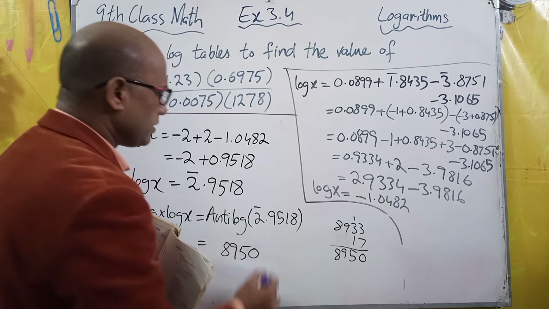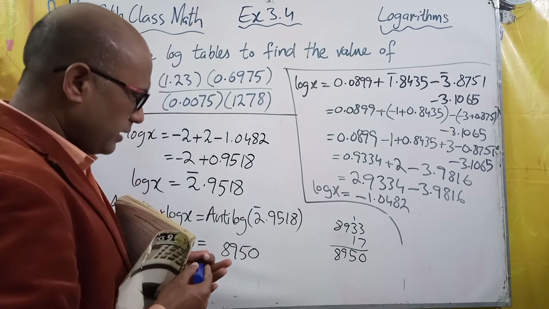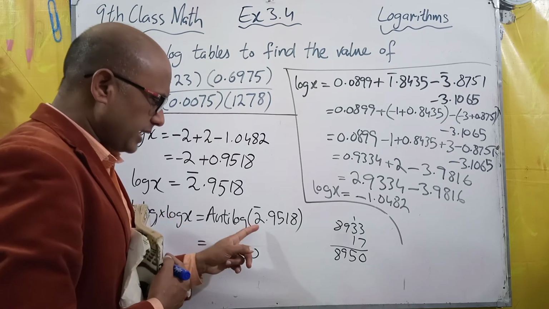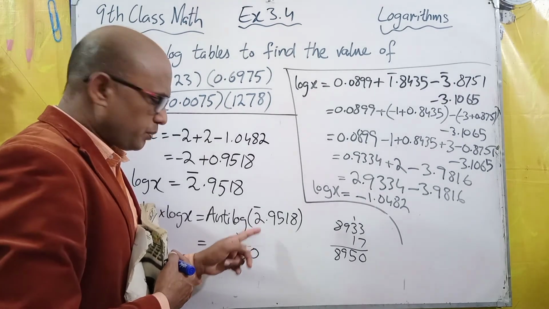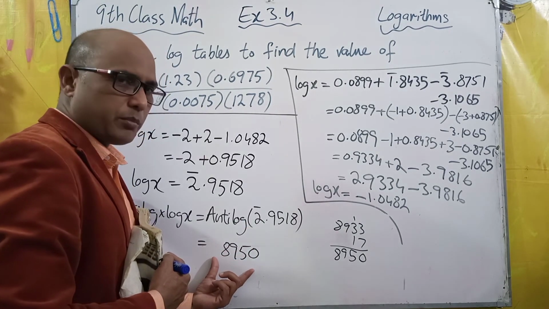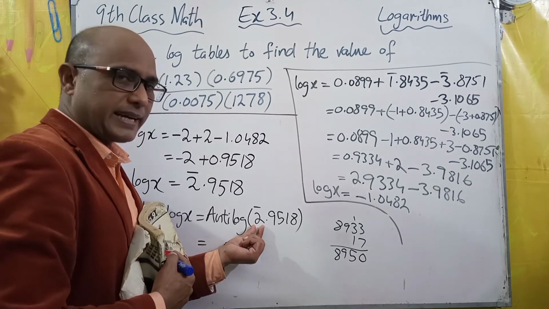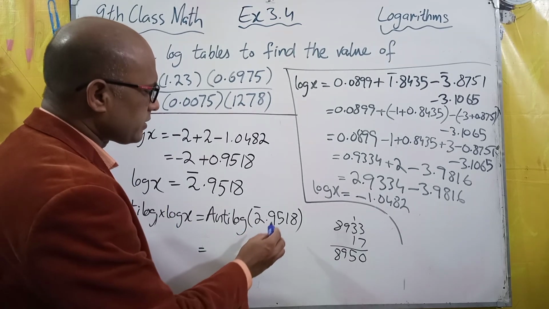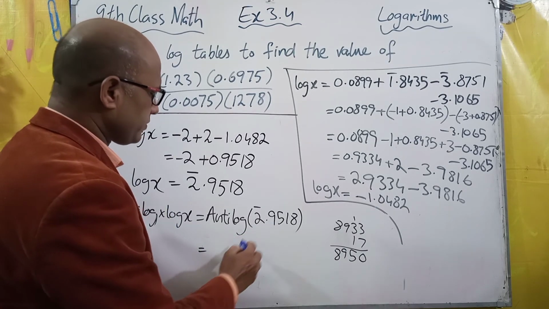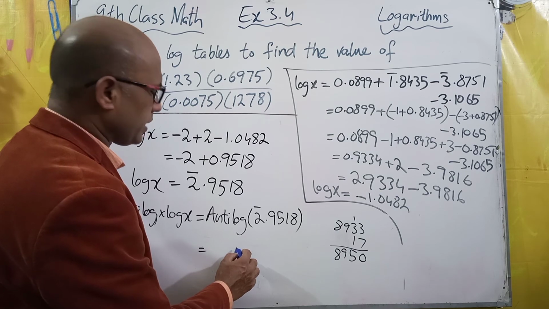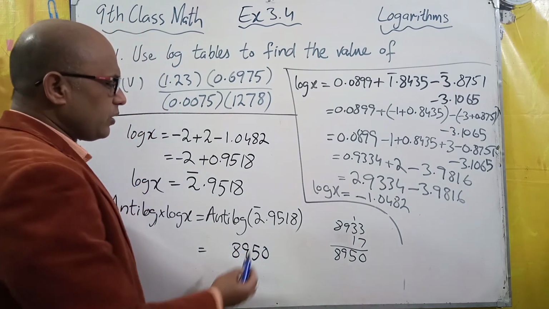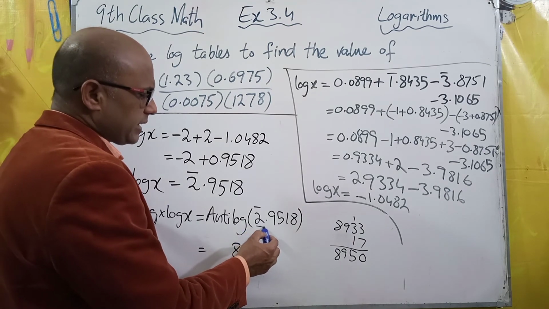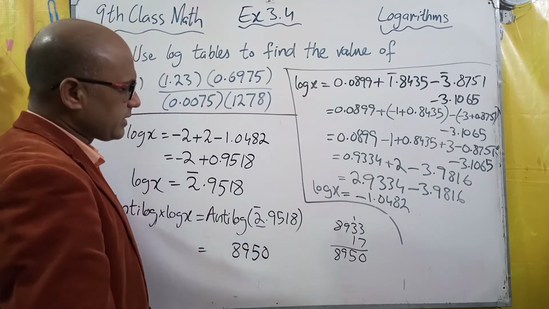8950. But now the characteristic is -2. So we'll put a decimal in this number according to the characteristic. Now we have a minus characteristic.